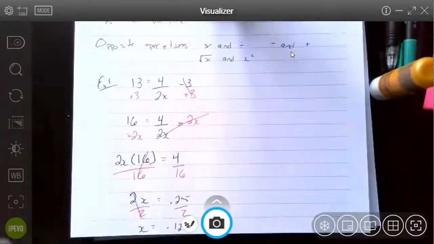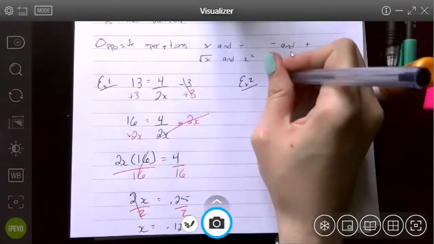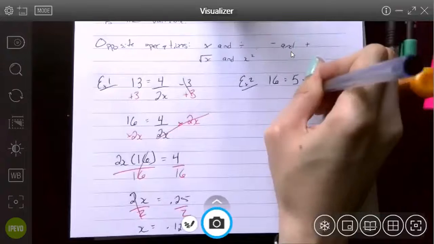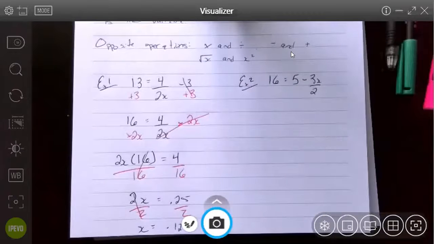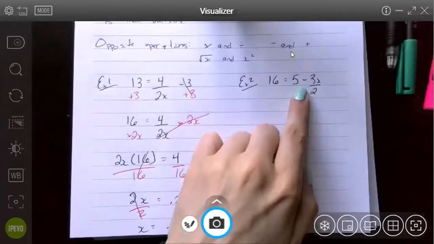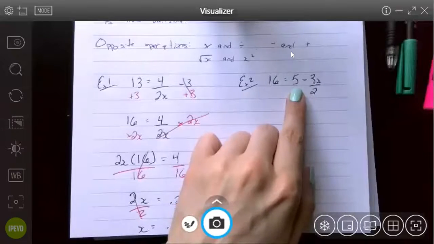Let's try a second example. So 16 equals 5 minus 3x over 2. This time, once again, we have to start by moving whatever is already furthest from the x. So we're going to start by moving the 5.